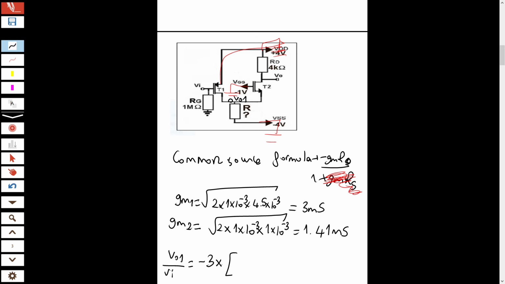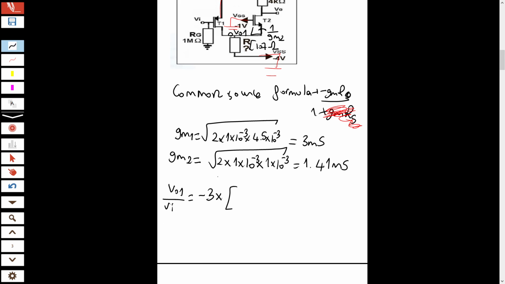What is RC1? There is 170 ohm here going to ground, and second, what I see at the source of the second MOSFET. What is this resistance? It is 1 over GM2, in parallel with 107 ohm.